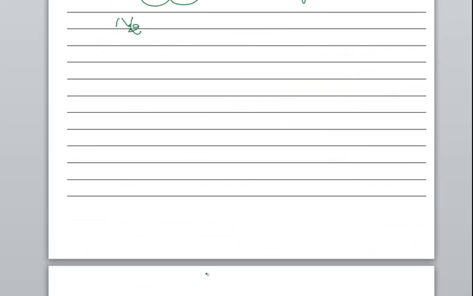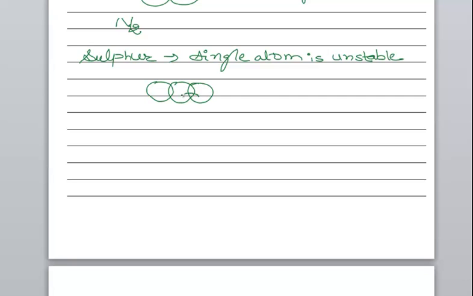Likewise, if I take sulfur, again its single atom is unstable. Now in this case, students, 8 atoms of sulfur combine.